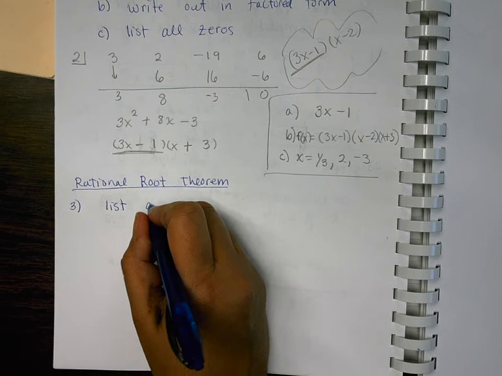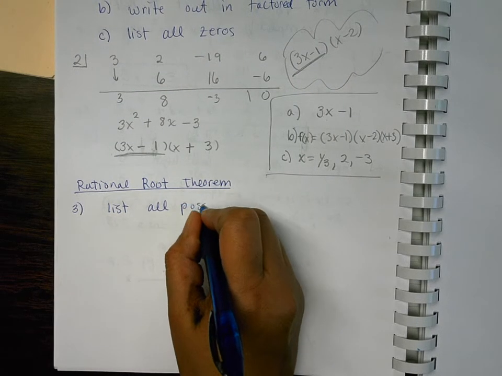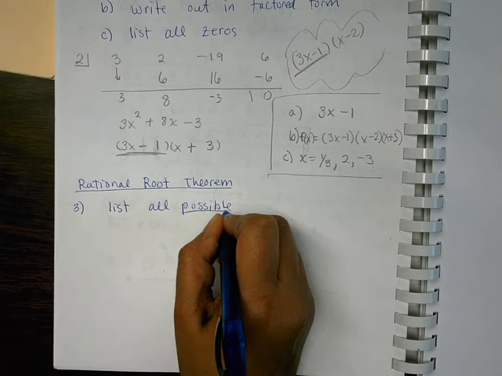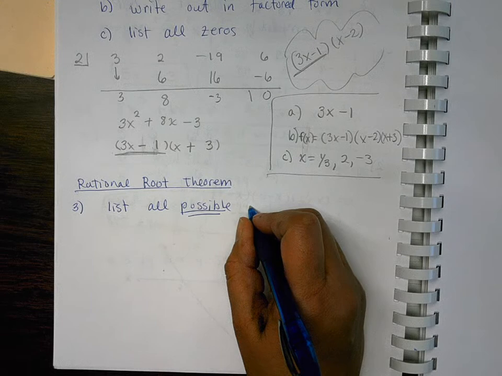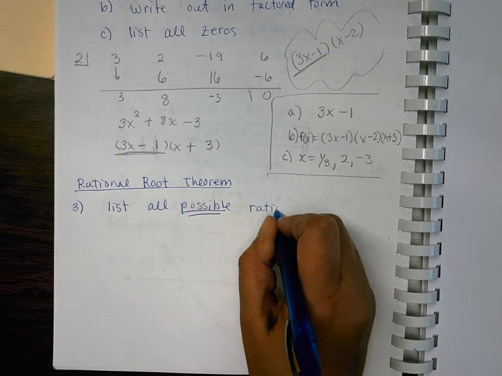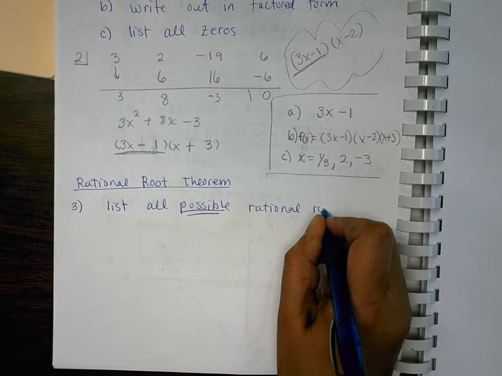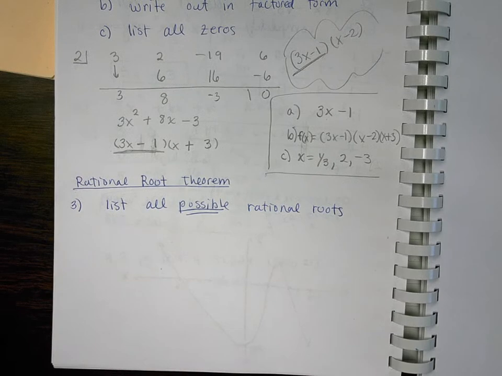List all possible rational roots. And this is a test question, by the way, just listing the possible roots. We will learn how to go past just listing them, but for now we're just going to list.